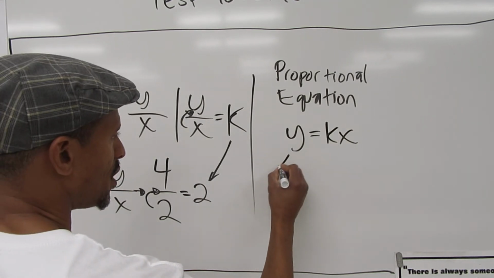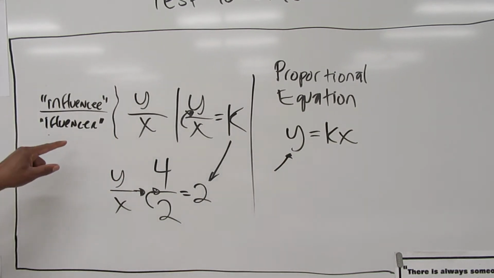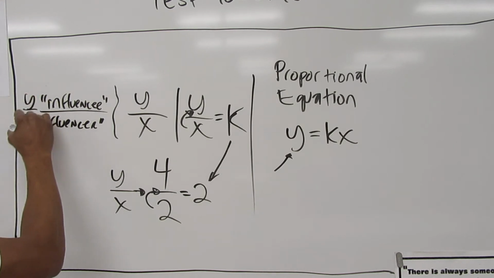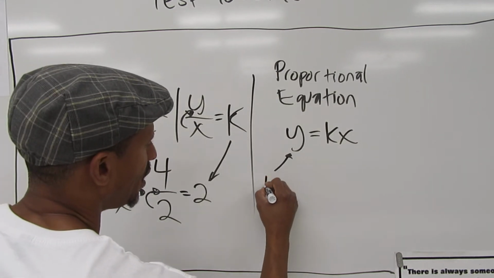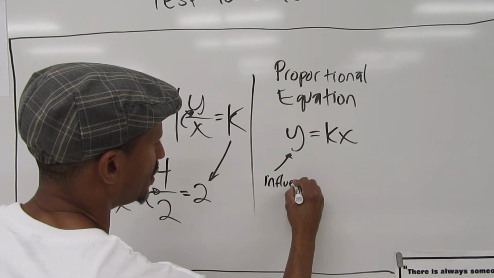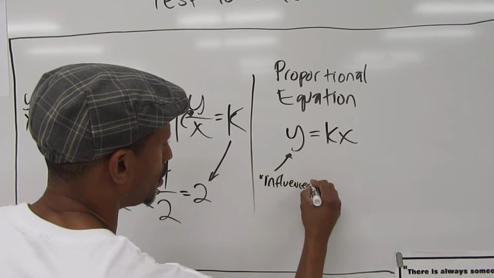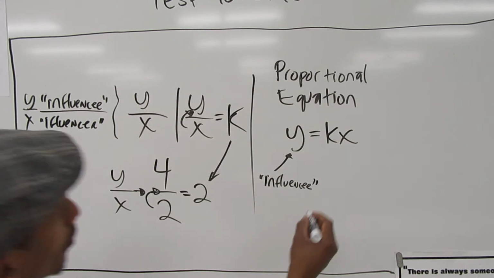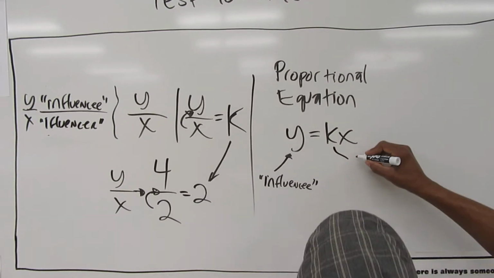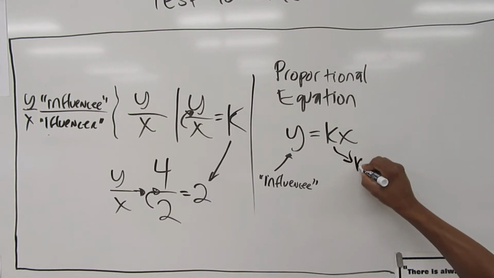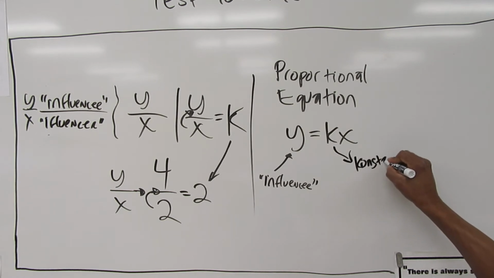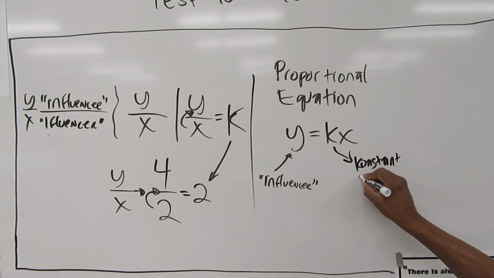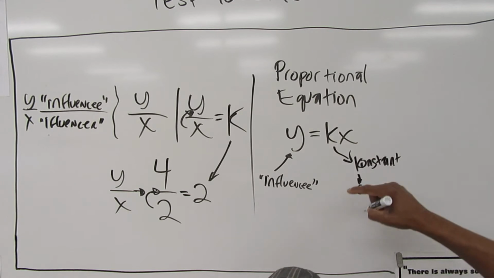What does the y represent? Well, if we remember from looking over here, let's put the y and the x here to help me out. The y is the influencee. And then we have the k. Well, the k is the constant. I put a k, and someone corrected me and said it should be a c, and I understood that it was a c.